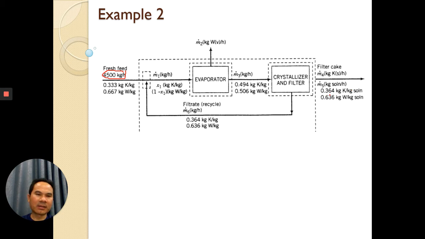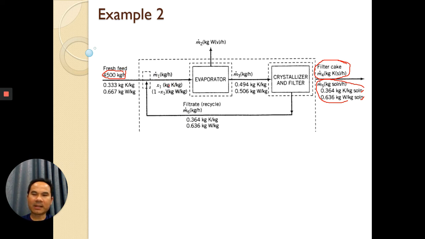It is the composition of potassium chromate and water. This is in terms of solution, and this is in terms of solid. M4 is solid potassium chromate. M5 is solution. M2 is evaporated water. M1 is the mixing between fresh feed and recycle.